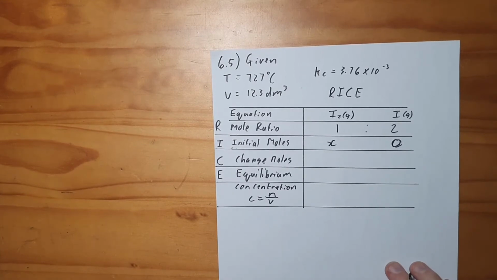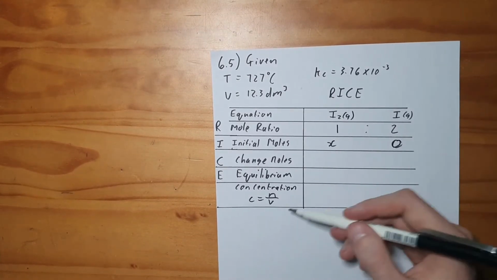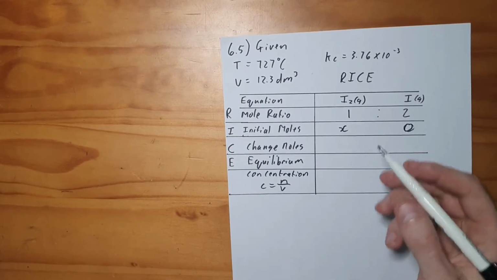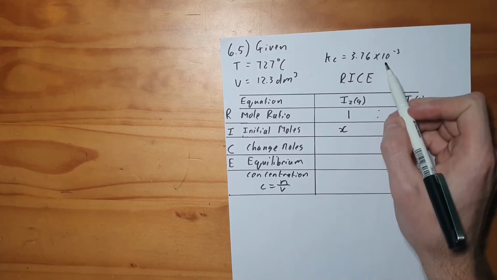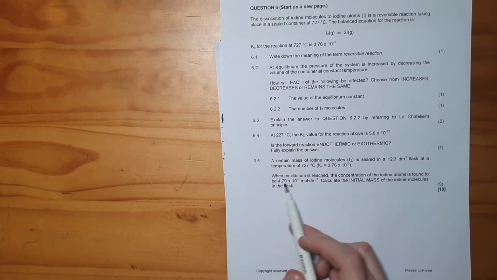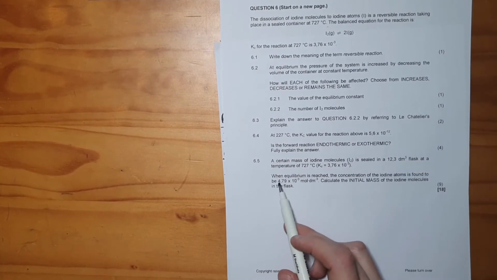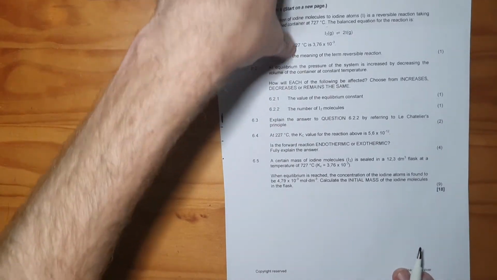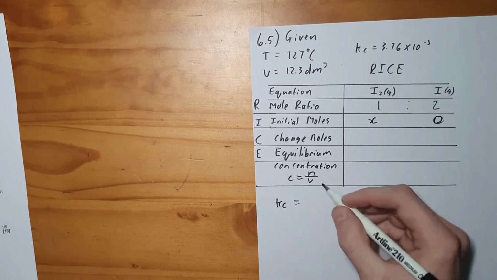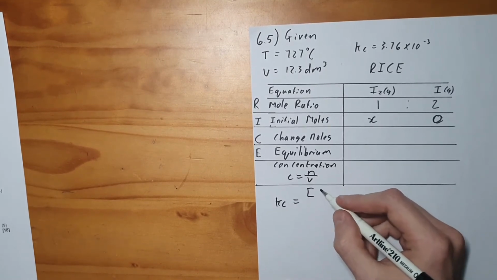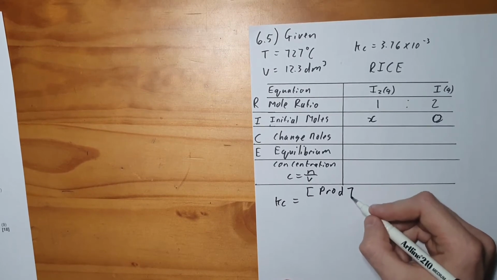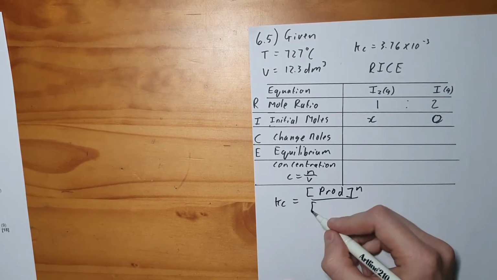Now we need to find all these changes over here. But what they've given us is the Kc value, and we have the concentration over here at equilibrium. This is the concentration of I2. So we can use our Kc formula. So Kc equals my products all over my reactants.